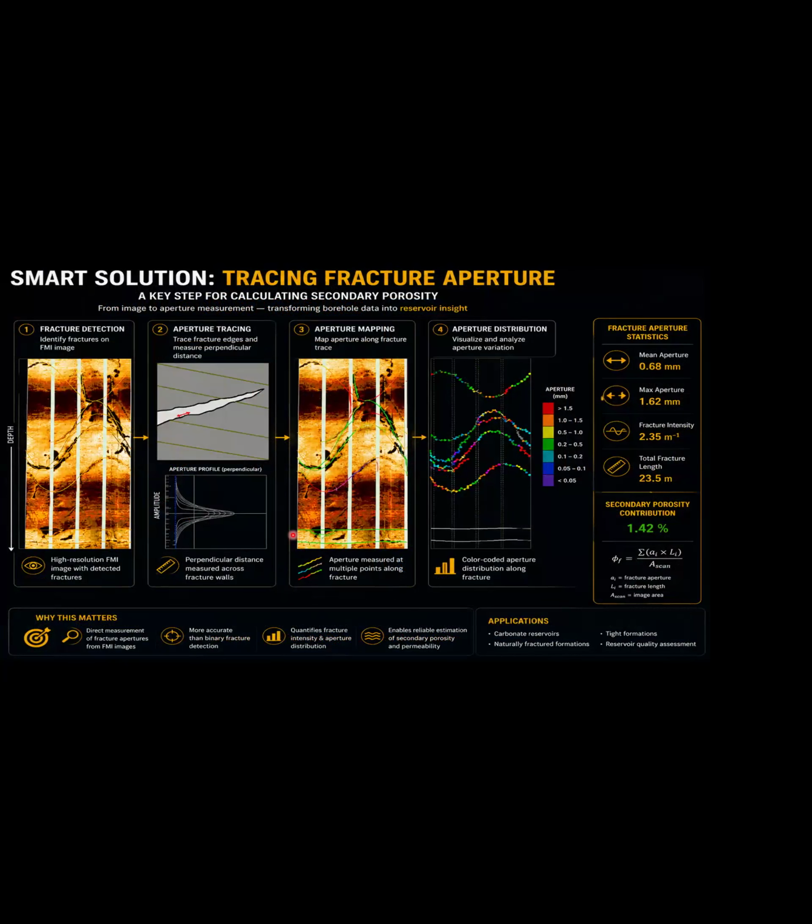I'll not spend too much time here. This is more advancement. We start having more and more applications of borehole image.